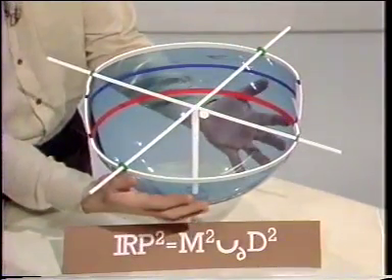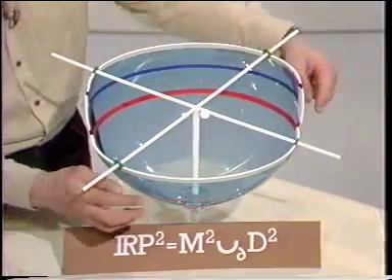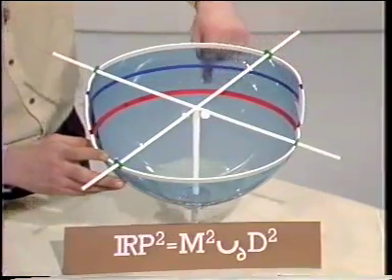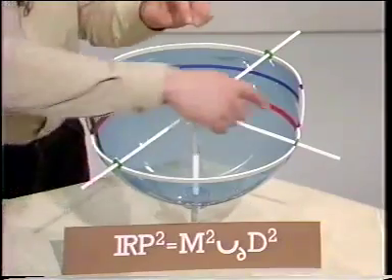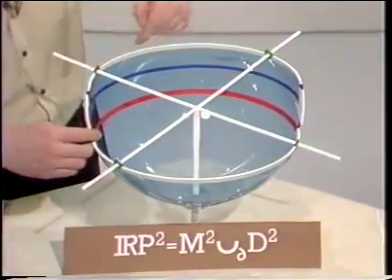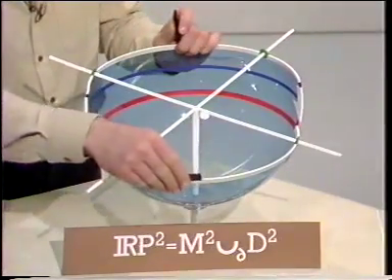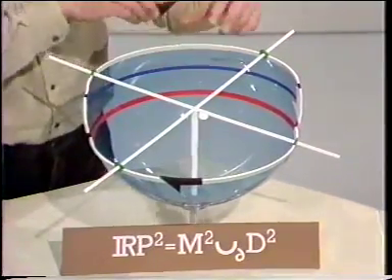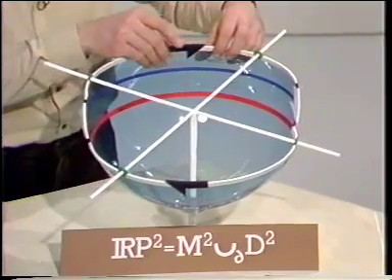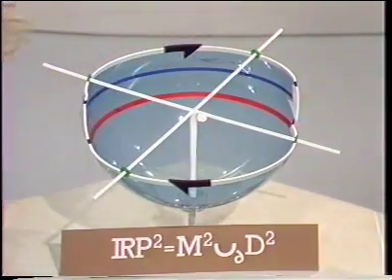And here's the disk, and half its boundary is already glued here. And the other half has to be glued to the other half of the Möbius band's boundary. So we get these identifications.